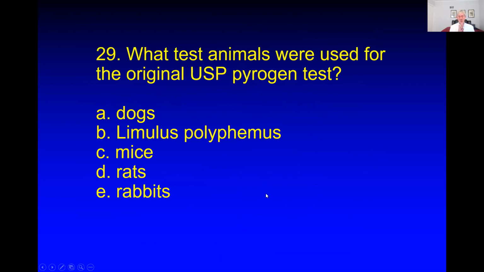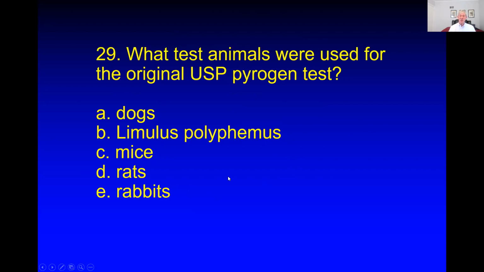What test animals were used for the original USP pyrogen test? Rabbits. Good. The current test uses the horseshoe crab, Limulus polyphemus, and is called the LAL test, Limulus amoebocyte lysate test. The rabbit test was done as follows.